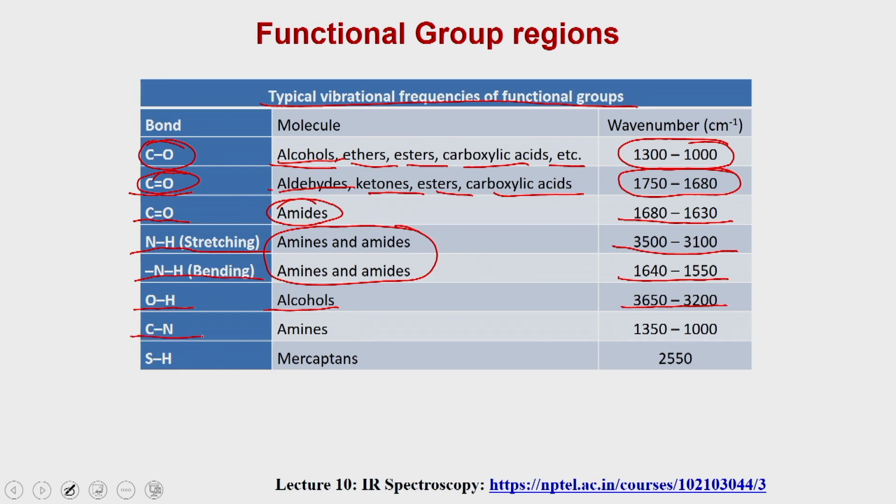Then you have the C-N present in amines, which absorbs in the range of 1350 to 1000. And then you have the sulfhydryl or S-H group present in mercaptans, which absorbs at around 2550.